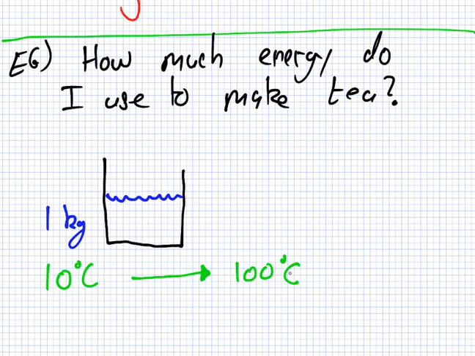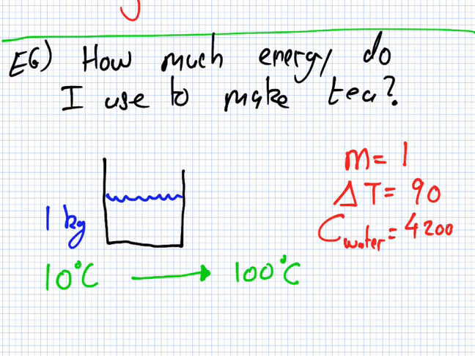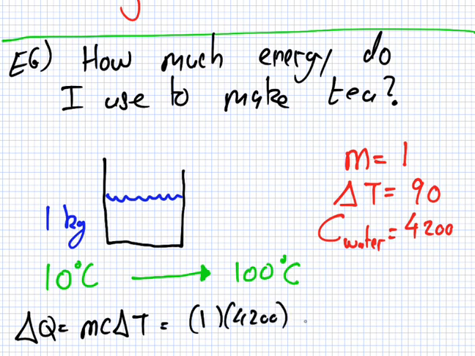Okay, so let's write down our information. What's the m? 1. What's the change in the temperature? 90. And what's the specific heat capacity of water? I gave it to you earlier. It's about 4,200. So, how much energy do I need? Well, the formula is mc delta T equals 1 multiply 4,200 multiply 90.